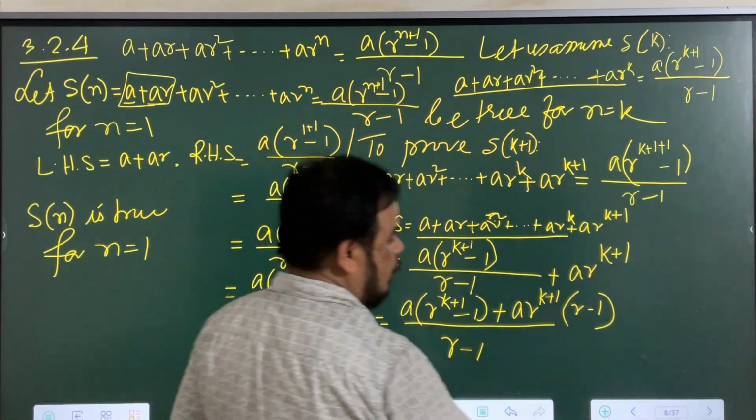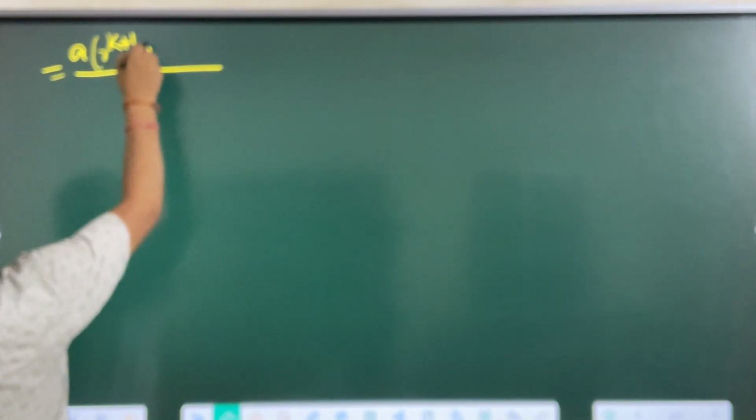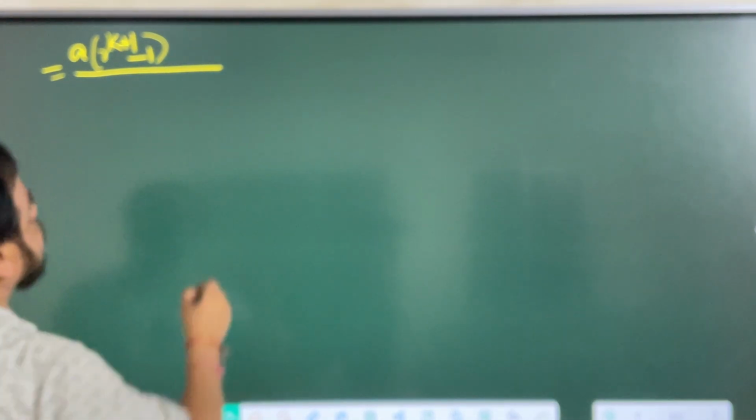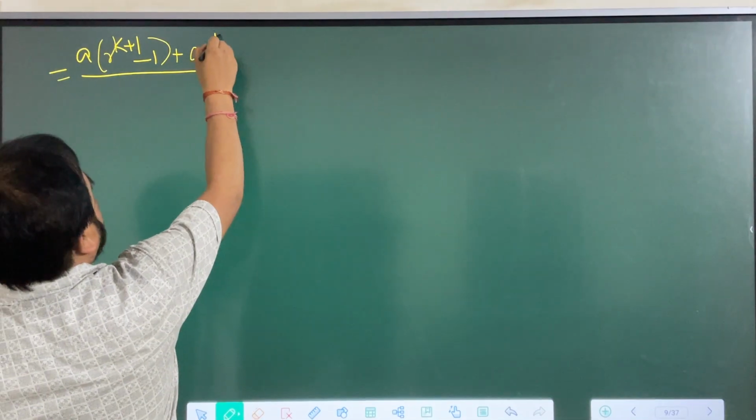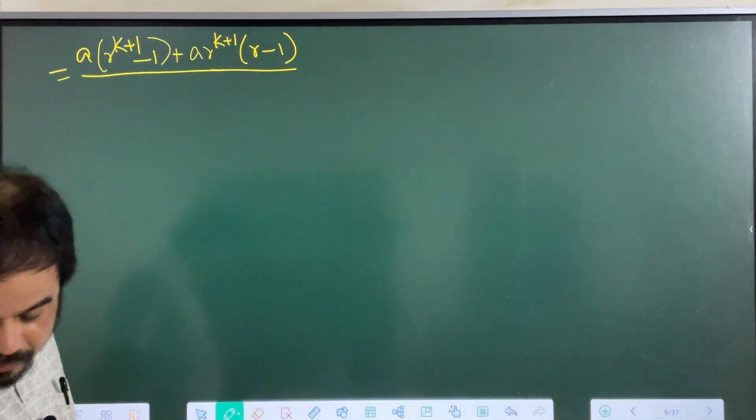So this calculation we will do on the next page. What we have got? A R to the power k plus 1 minus 1 plus AR to the power k plus 1 into R minus 1, by R minus 1. This is what we have got, I think.